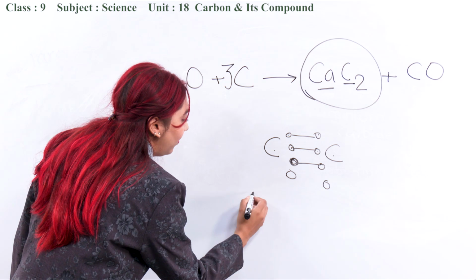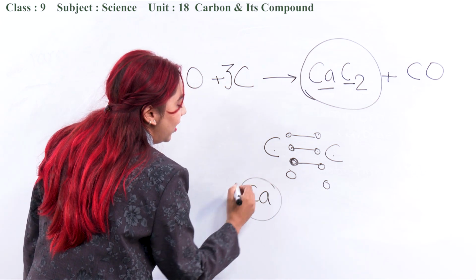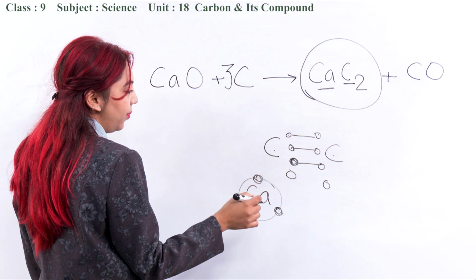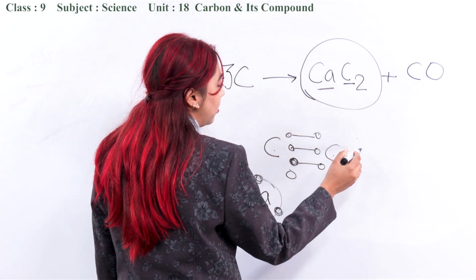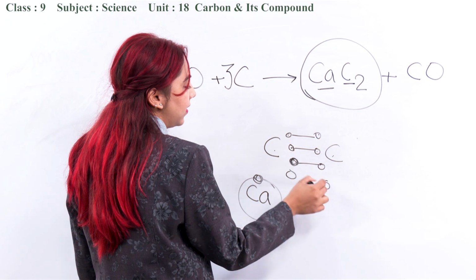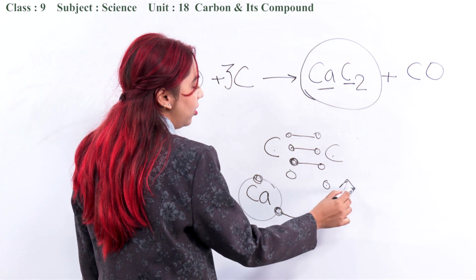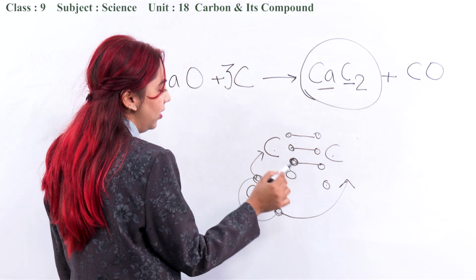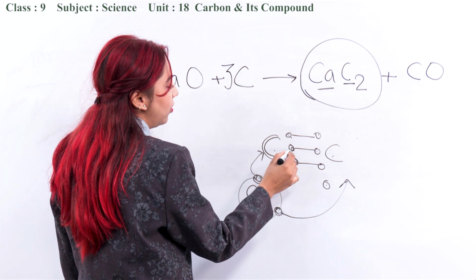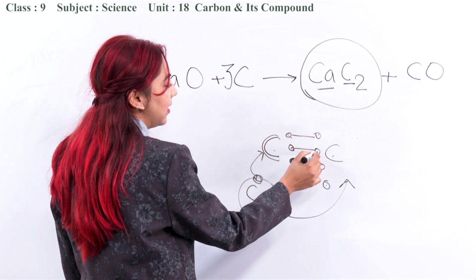And calcium has 2 electrons in its outermost orbit. Now for this carbon atom to reach the octet state, how many electrons does it need? 1, 2, 3, 4, 5, 6, 7. So the calcium donates 1 to this carbon and 1 to this carbon. So in that way, this carbon has 1, 2, 3, 4, 5, 6, 7, 8.